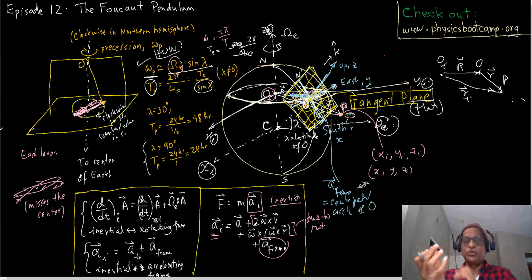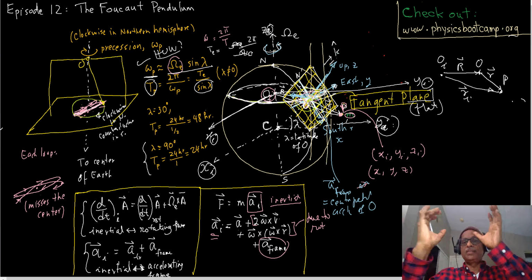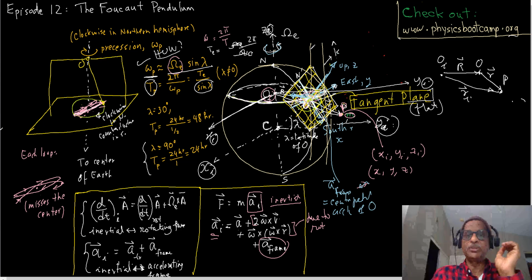So the frame is rotating. You say, how do you know this frame is rotating? Well, because the Earth is rotating. You can actually show that if I bring this axis over here, and then go a little bit further over there, the frame itself has tilted a little bit with respect to the same line.